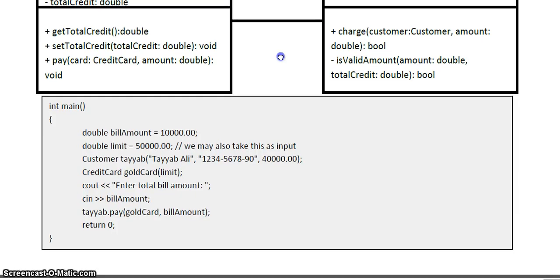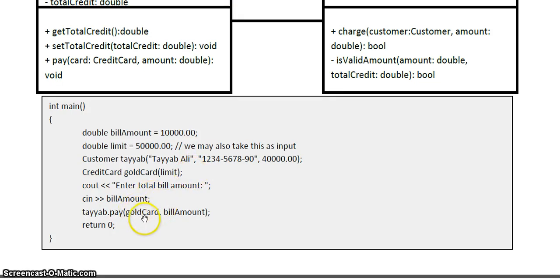But the main function should be like this, and you can see how this customer Tayyab is paying. So he calls the pay function, Tayyab.pay, and the gold card, which has its own lifetime, is also created in the main, and the credit card limit is passed.